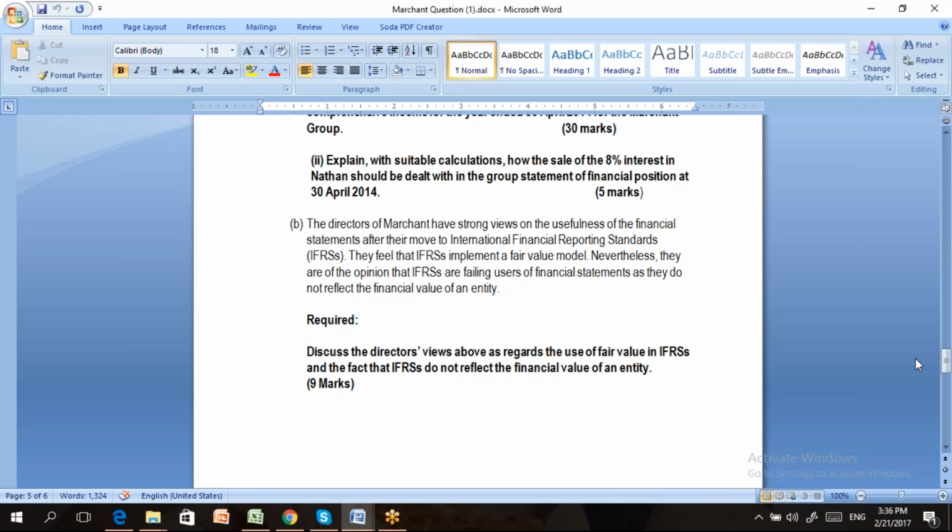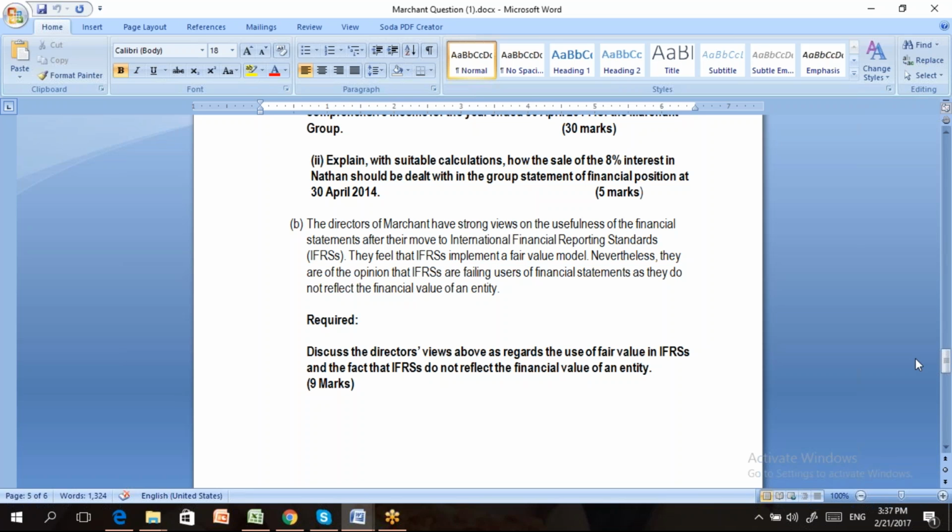Now, because of the IAS 39 and IFRS 9, they will be measured at fair value, the cash flows, the fair values will be measured. So again, we can see IFRS helping in some way to move towards the fair value concept. Not necessarily 100%, but it is moving towards the fair value concept.